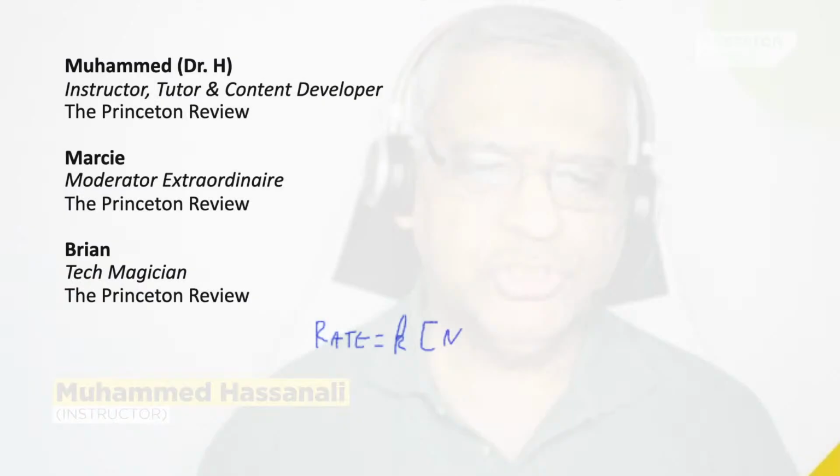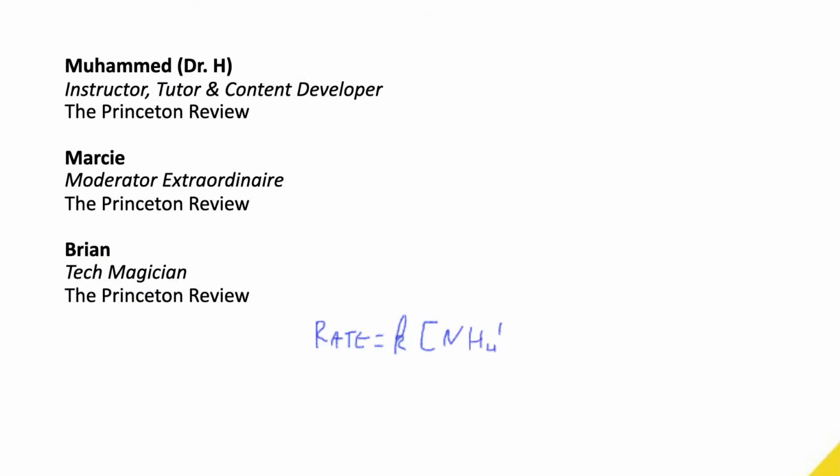Before I start with anything else, I wanted to correct one of the things from yesterday's session. For one of the questions, the rate equals the constant times the concentration of NH4 plus times the concentration of NO2 minus squared.